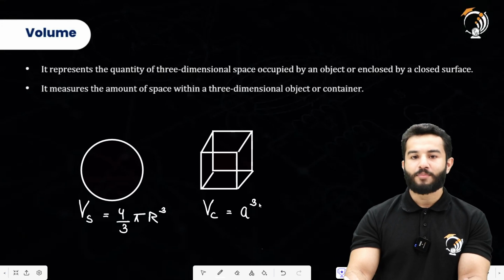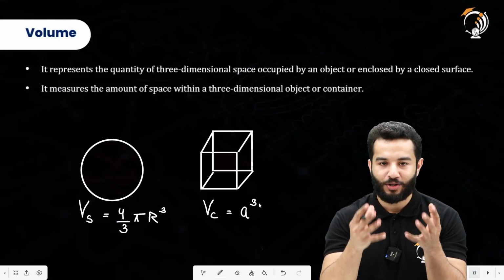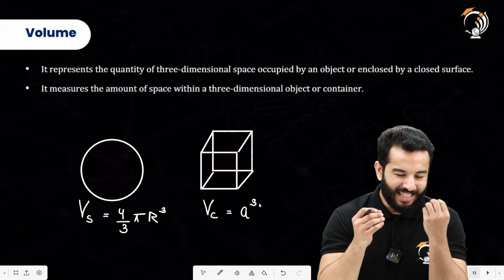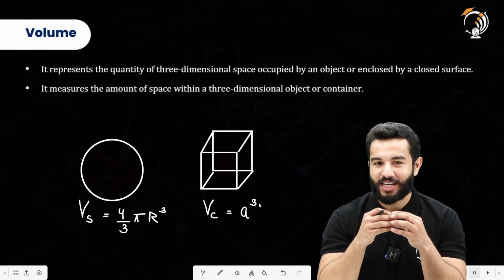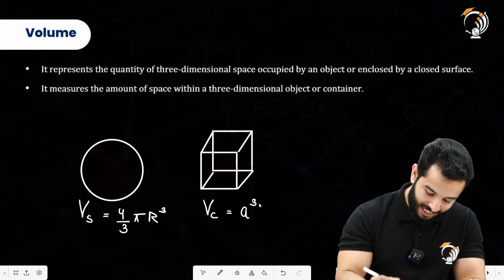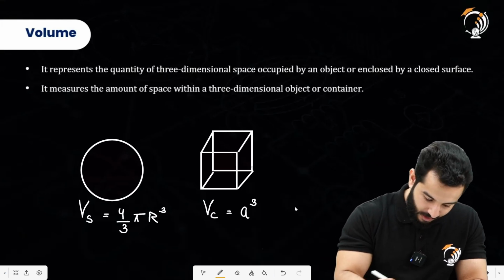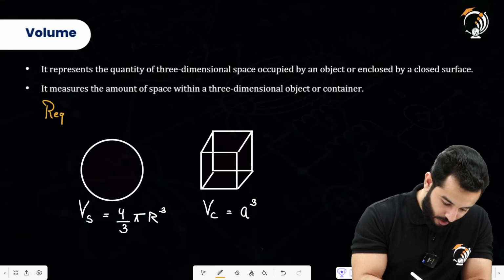So basically it's the multiplication of the three dimensions, right? But it's not that easy if you don't get a regular shape. These are called regular shaped solids.